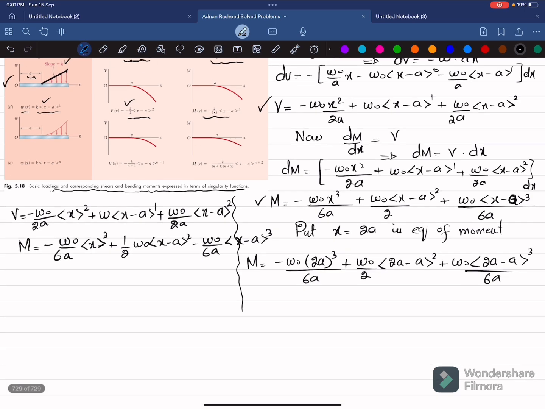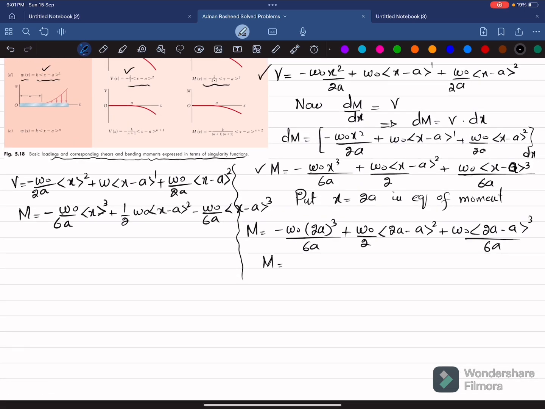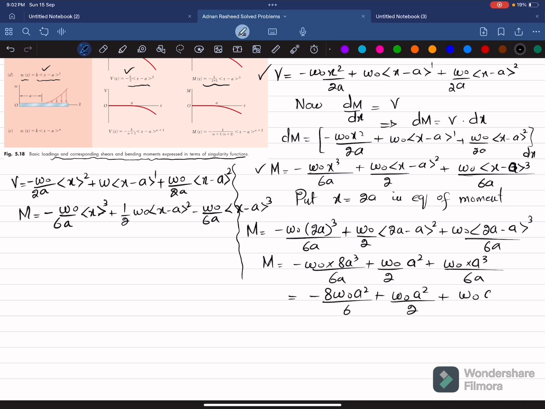If you simplify it, moment will be equal to minus W naught multiplied by 8a cube over 6a plus W naught over 2 into a square plus W naught into a cube divided by 6a. So this will be minus 8 W naught a square over 6 plus W naught a square over 2 plus W naught a square over 6.